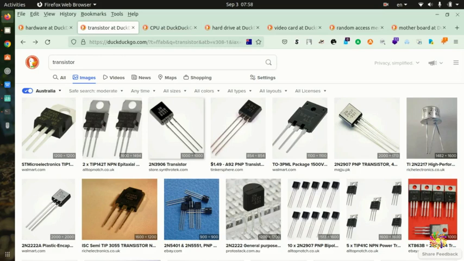It says that because the transistor was very expensive in the old times when Intel started, almost $2 or something, then after a while, because of mass production, it became $1.49 or something, and then it became $1.20, then $1, then 95 cents, then 80 cents.